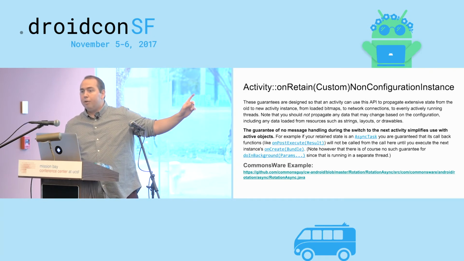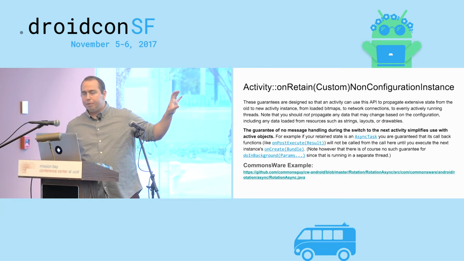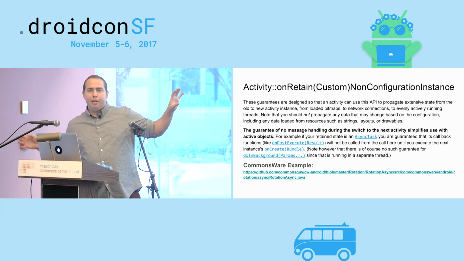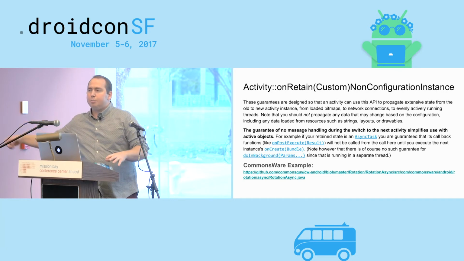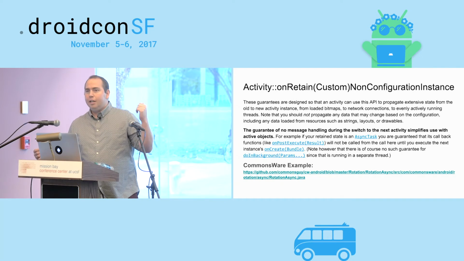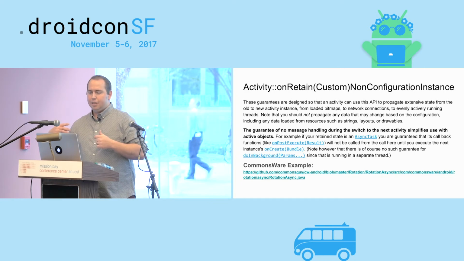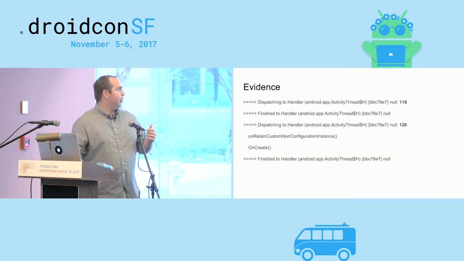So even if that background work finishes before the new activity is created, the results are just posted to the main thread. So when you onCreate, the results will be delivered after that new activity has been created. Does that make sense? And hopefully this will illustrate it a little bit better.